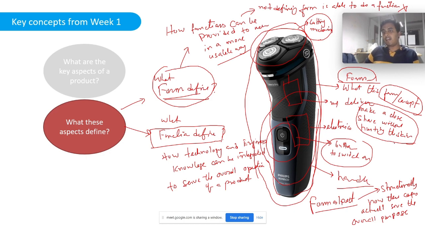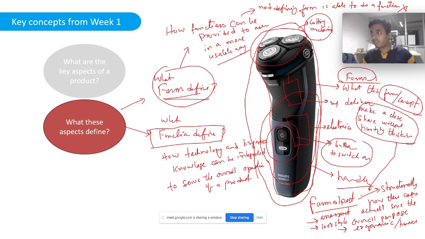These are the requirements that the form tries to solve by structurally holding these functional elements, and then figuring out the ergonomics, the human factor of the device, the arrangement of the components, the positioning of elements, and the look and styling, everything. All this comes under the form. So any doubt?